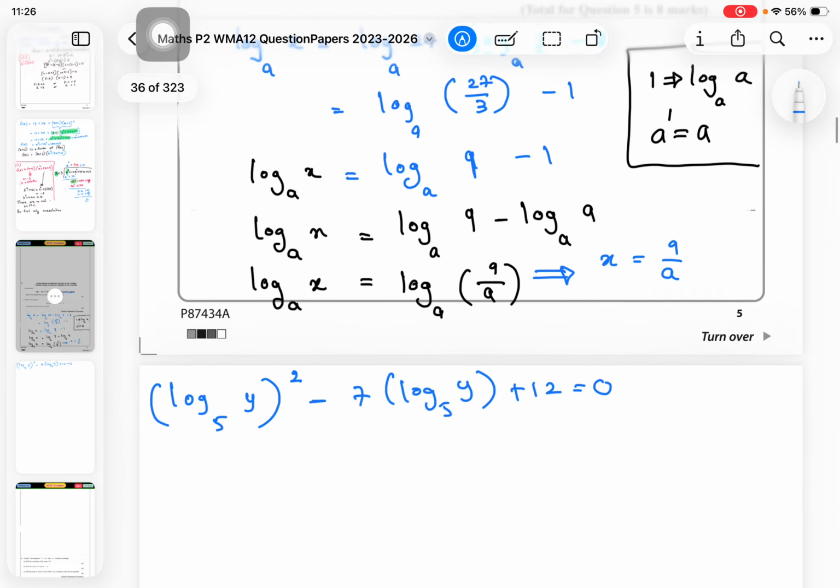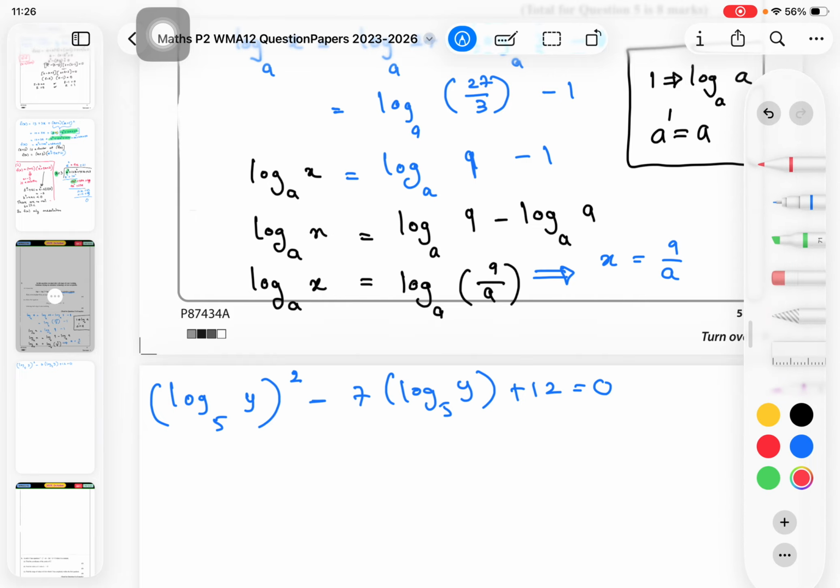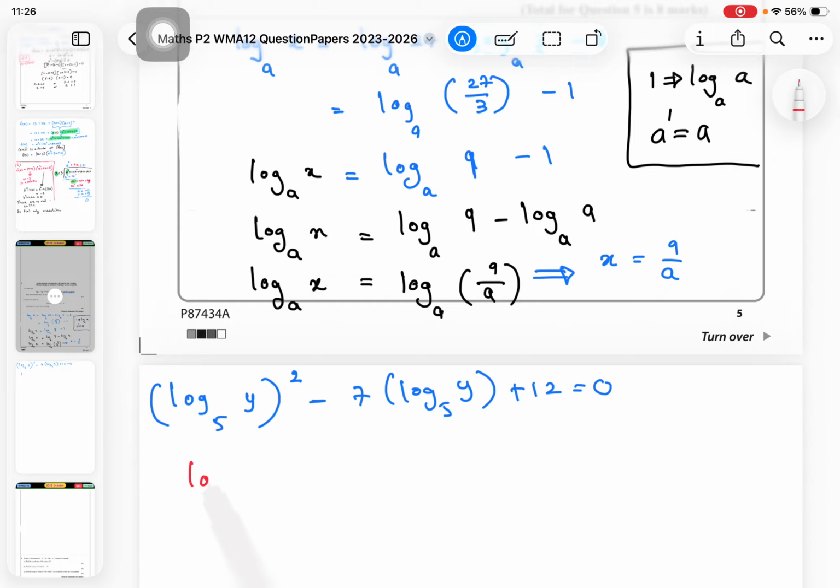Before we move anything forward, log 5 y is going to be any variable. Let me put t there. So we can substitute here: 5 to the power t is y.